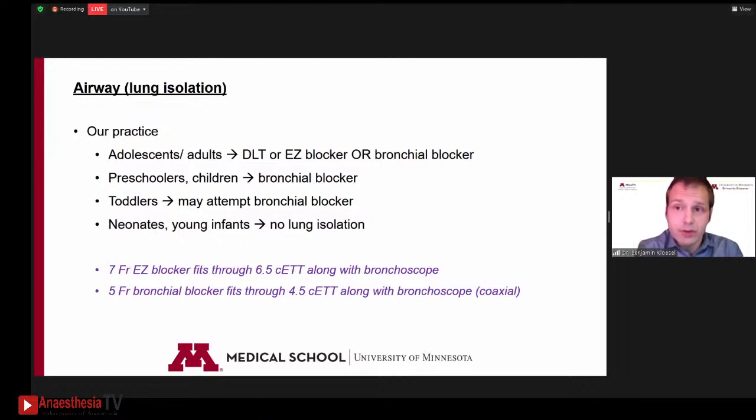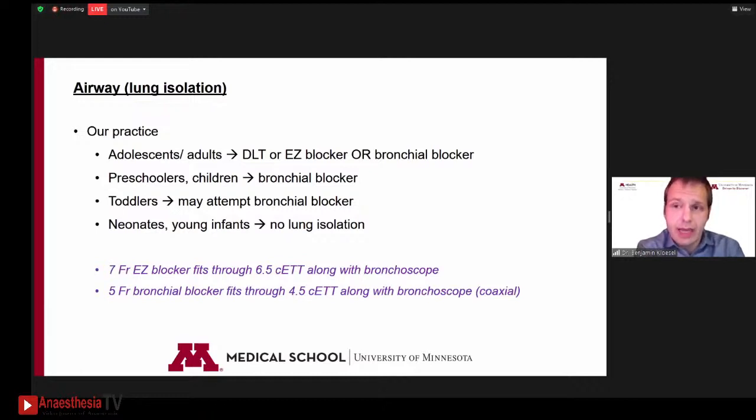provides good visualization. And the issue that we've noticed is a lot of times when you have a small neonate, one of the few lung isolation techniques that you are stuck with is essentially moving the endotracheal tube into a bronchus. And there the problem is, even if you can achieve lung isolation after repositioning, even after small movement during the procedure, that tube can easily dislocate back into the trachea.